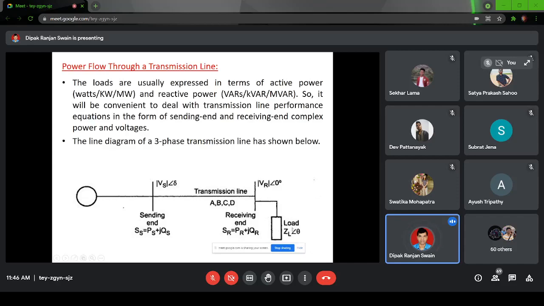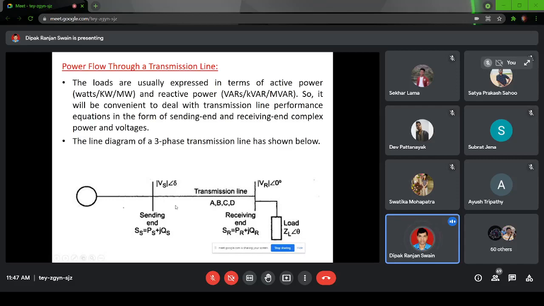And then comes the impedance of the load, ZL at an angle theta, depending on whether it is RL or RC. Generally, most of the loads are RL, so theta becomes positive, R plus JXL. Okay. For a capacitive load, theta will be negative. So this diagram is called the single line diagram.